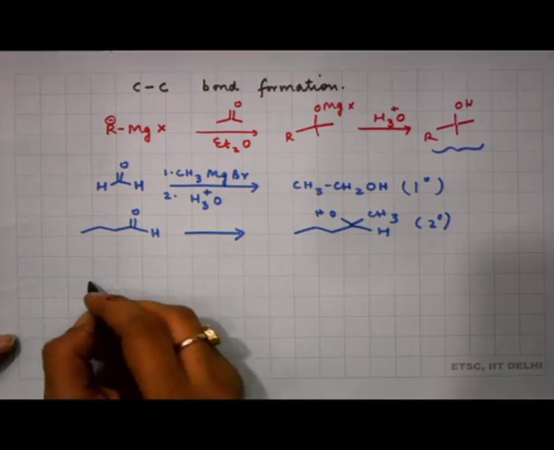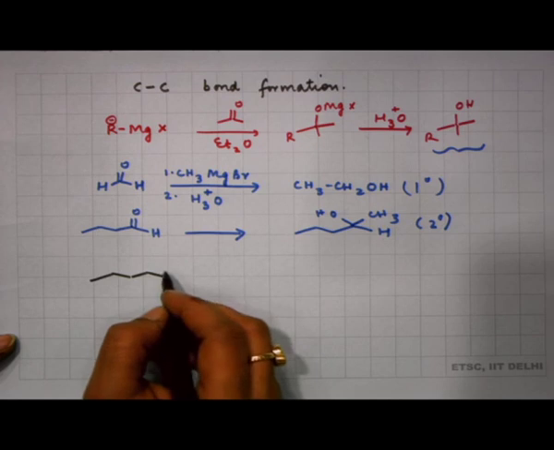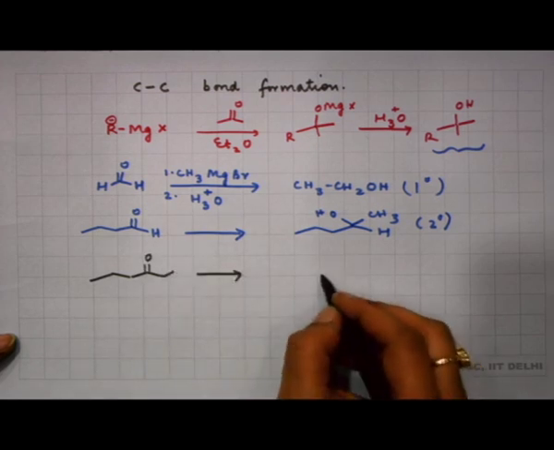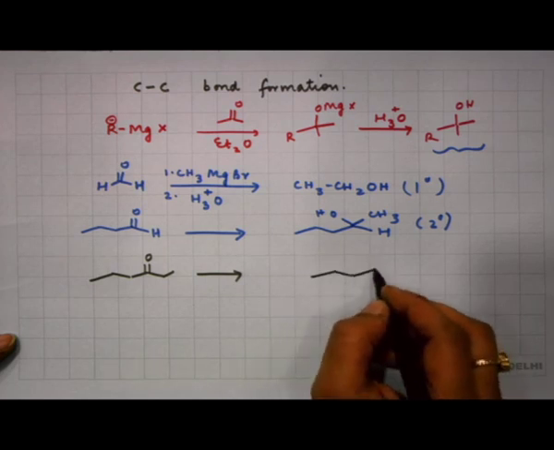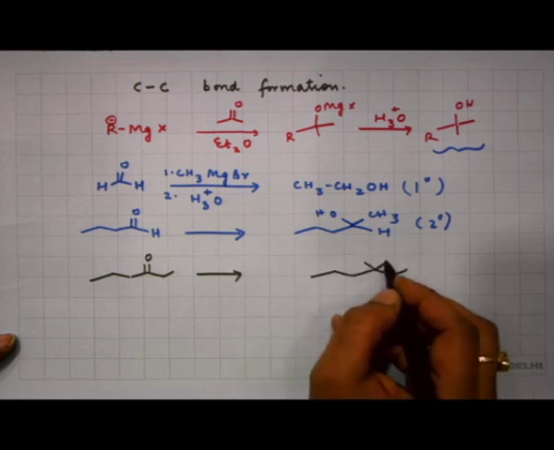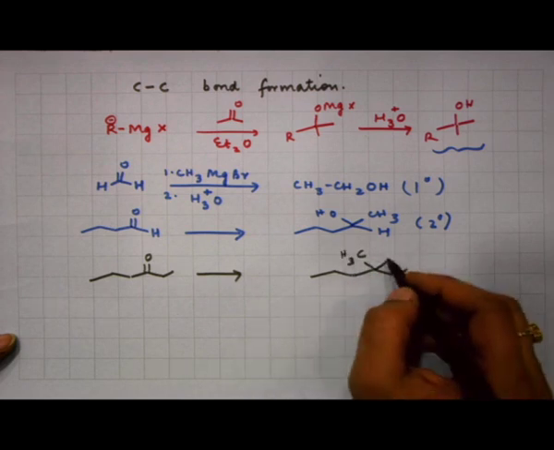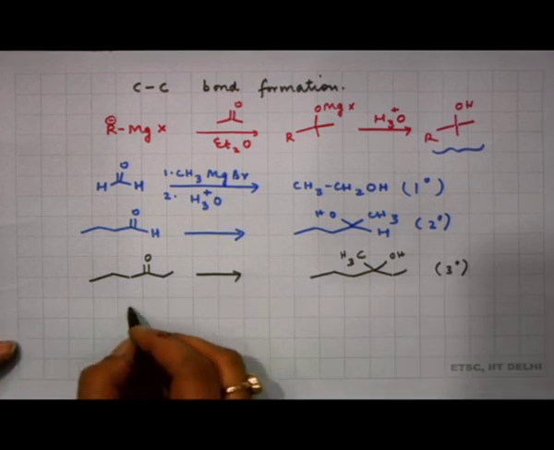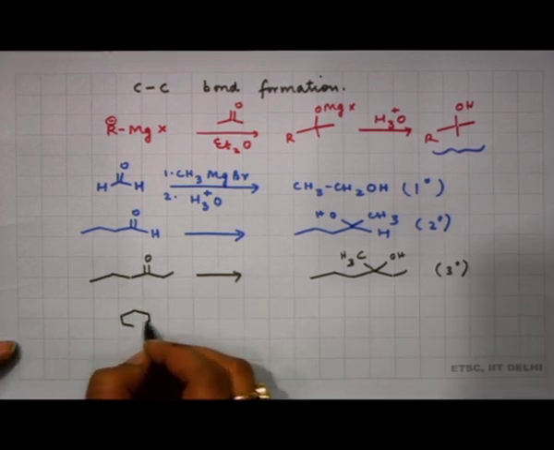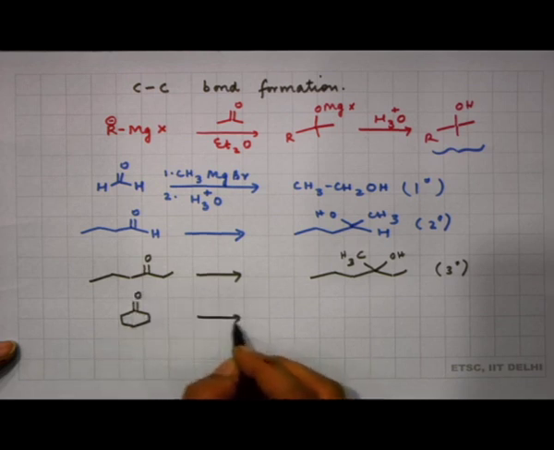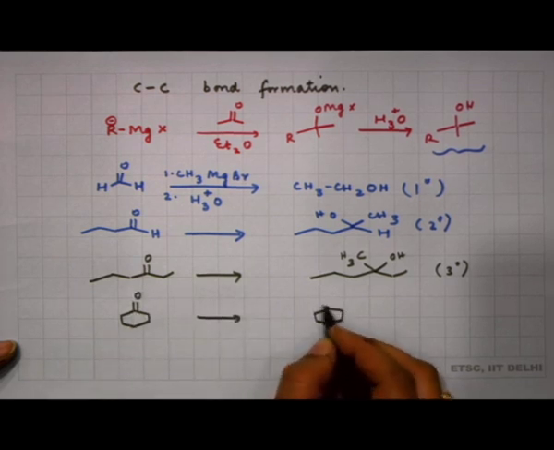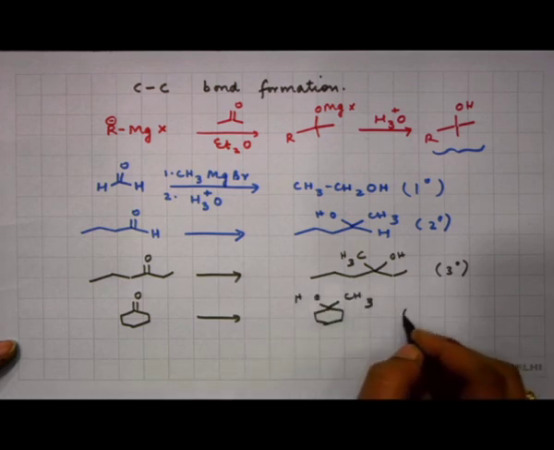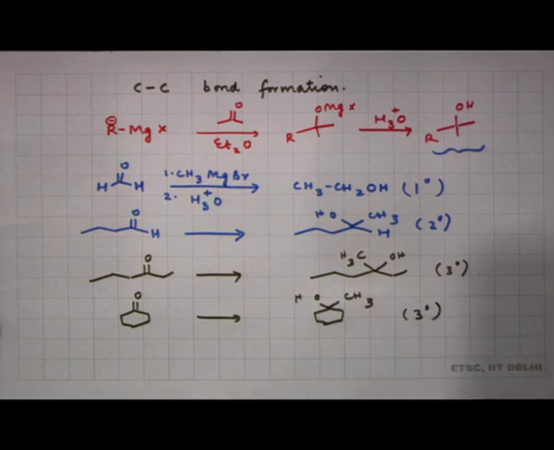If you do the same thing on a ketone, since it is already disubstituted, and when you add another alkyl group to the carbonyl of the ketone, you end up getting an alcohol which is a 3 degree alcohol. Not only to the acyclic systems, it works with cyclic systems as well, and you can very well get the derivatives of cyclohexanol. So, this is a very, very powerful strategy for making 1 degree, 2 degree, 3 degree alcohols.